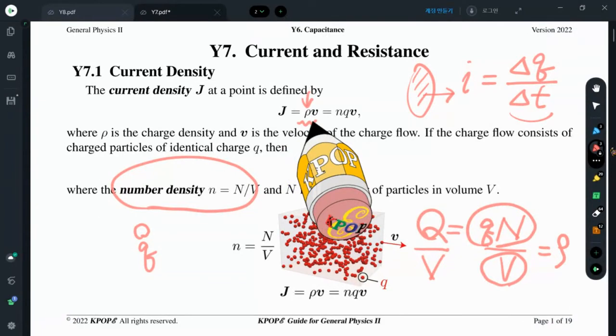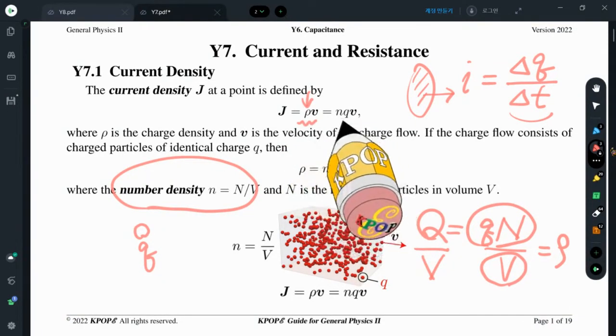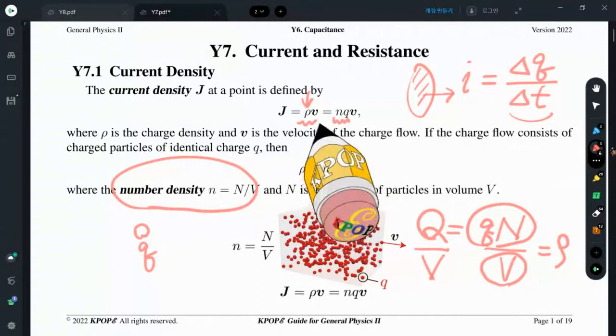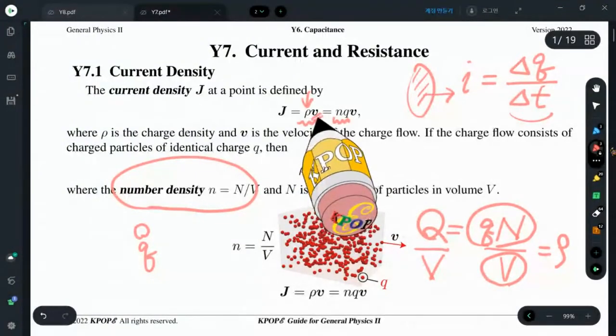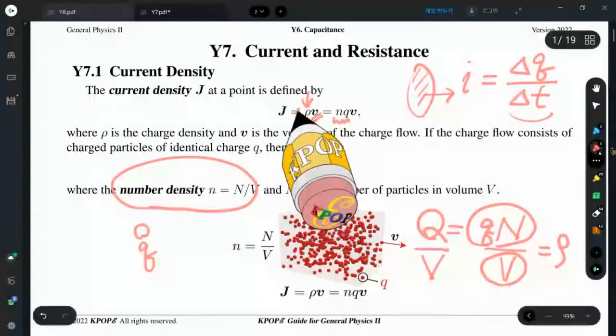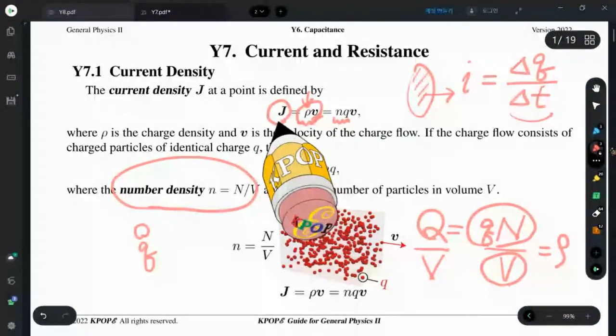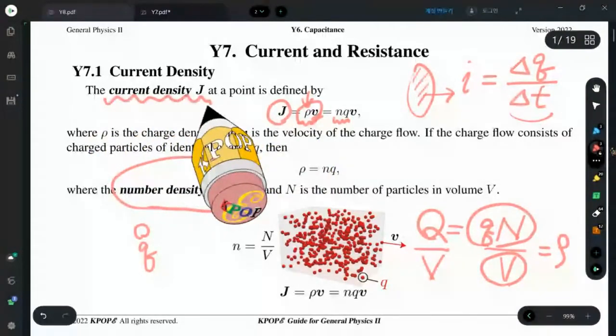If I multiply this charge density, that is the number density times the electric charge of each particle, by the velocity, where we assume that every particle is moving with the same magnitude and the same direction to simplify our analysis, then we get capital J, which is called the current density.